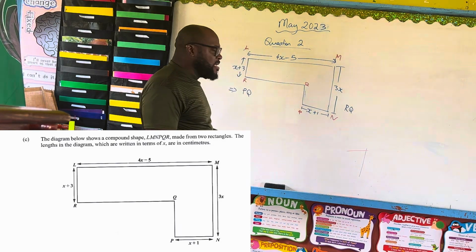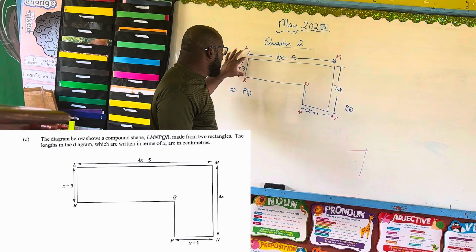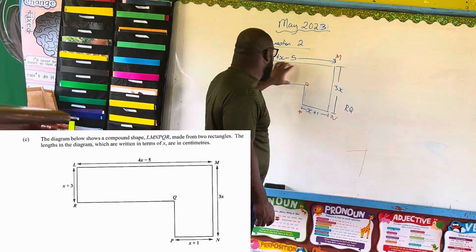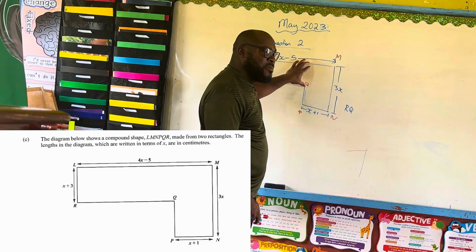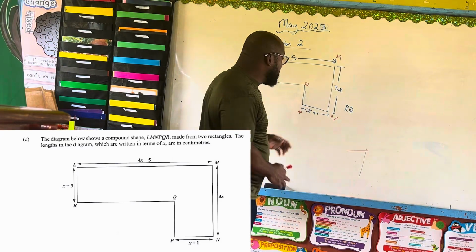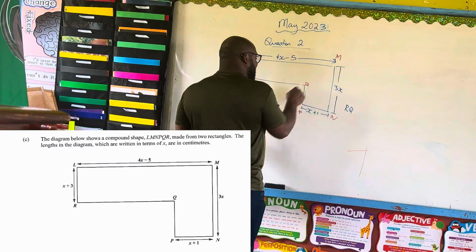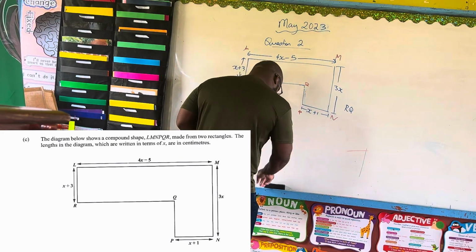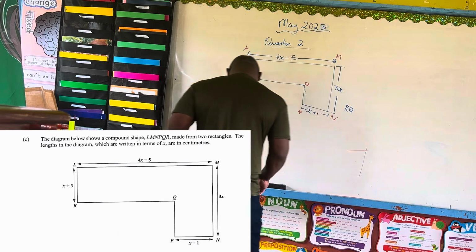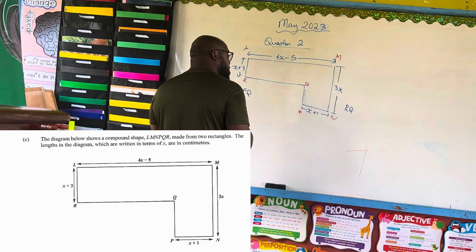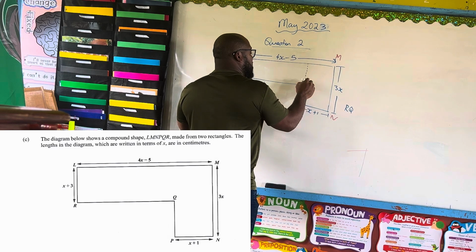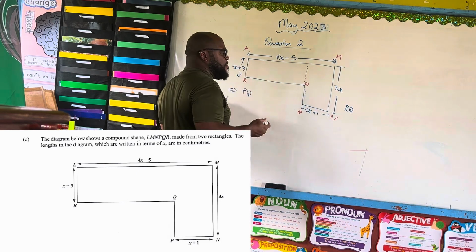If you think about it, if I take this across here, one here and here are the same length? Yes, right? That means this and this are the same.